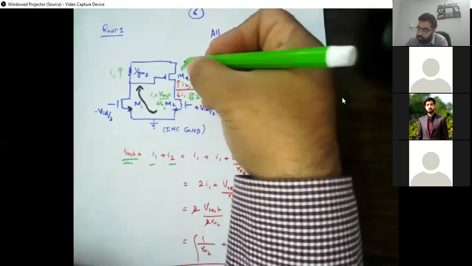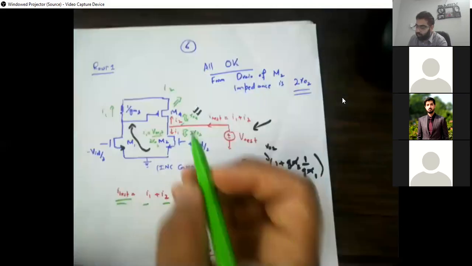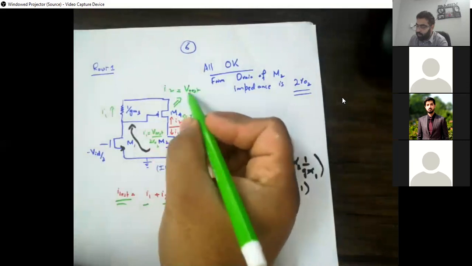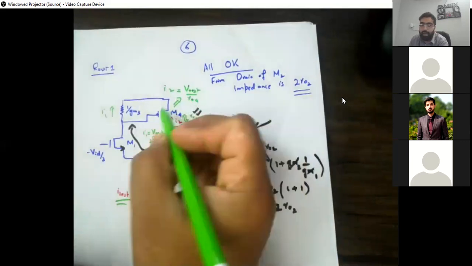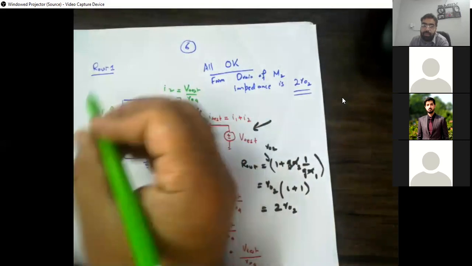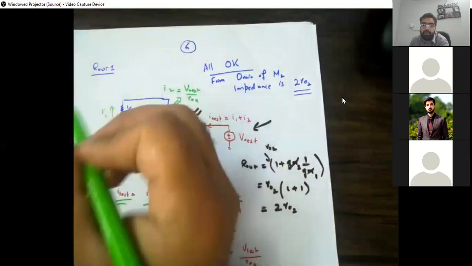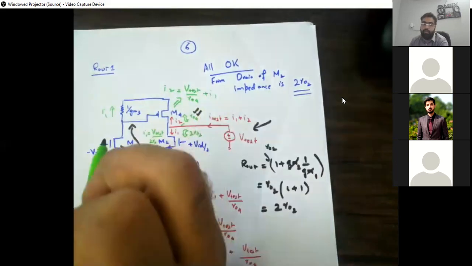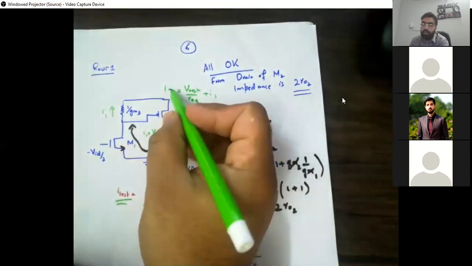So I2 is equal to V test by RO4 plus there is I1 coming back here. So I1 is also getting added in I2. So there's an I1 factor also coming here. So this is the overall picture of I2.